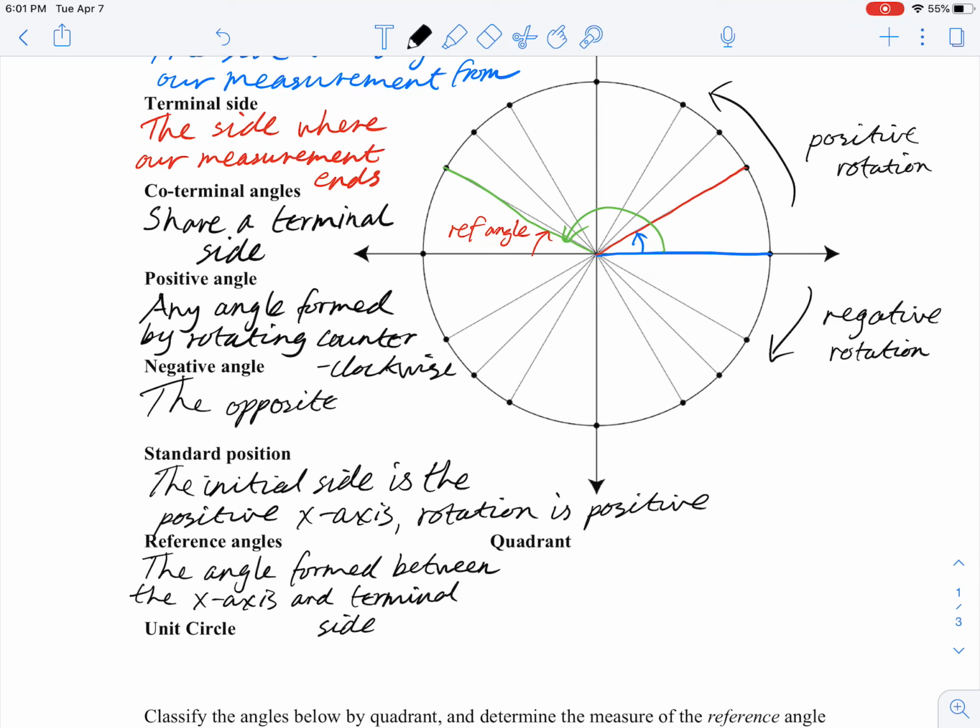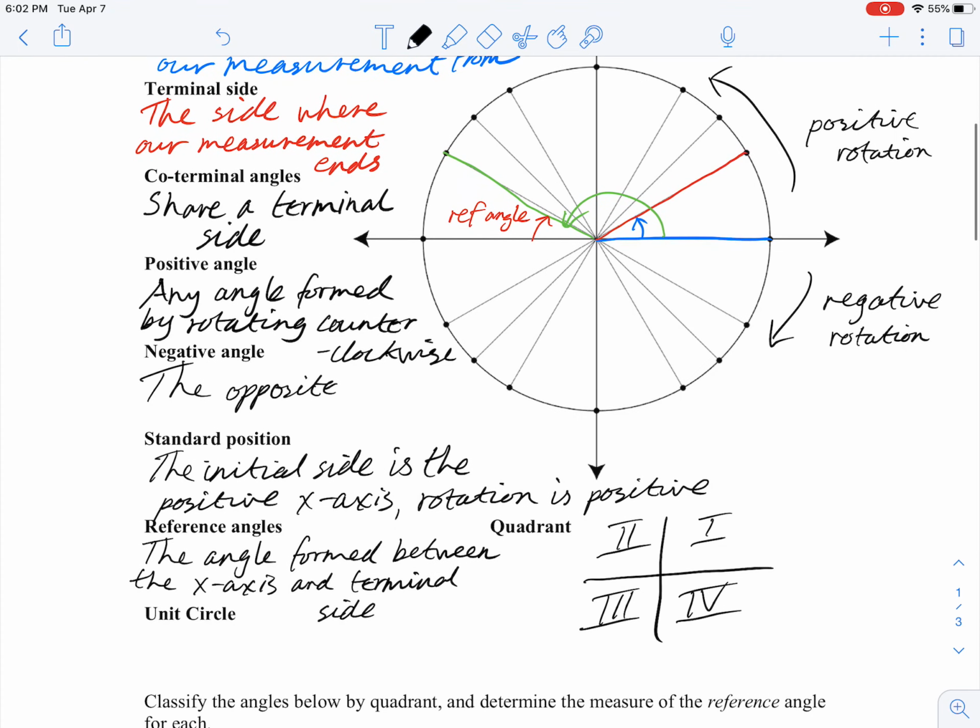Quadrants. Quadrants are labeled as follows: first quadrant, second quadrant, third quadrant, and fourth quadrant. And the unit circle is this whole figure.